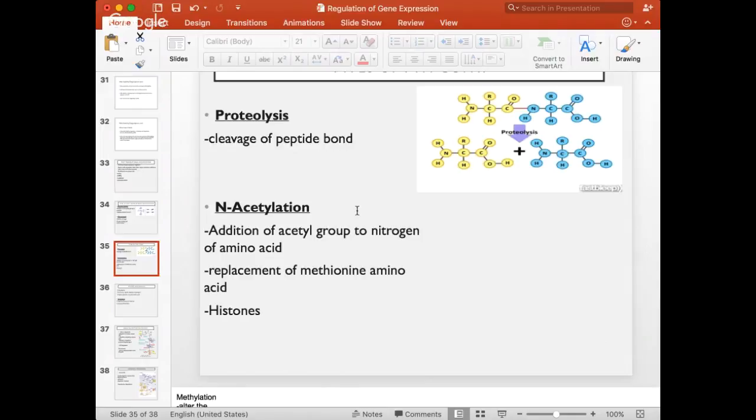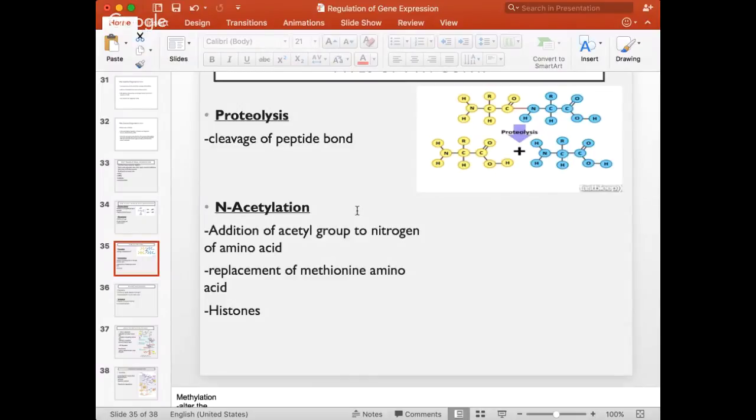Now we're going to talk about proteolysis, which is cleaving of the peptide bond. When some proteins are synthesized, they are in an inactive form called a zymogen. Proteases, enzymes, break specific peptide bonds in order to activate the protein.